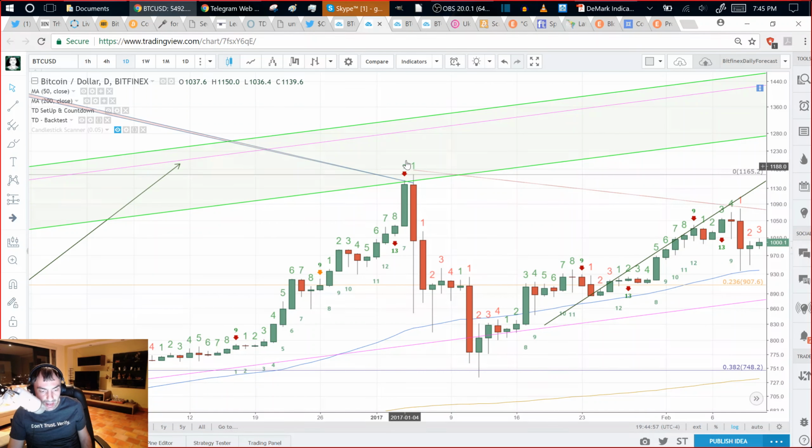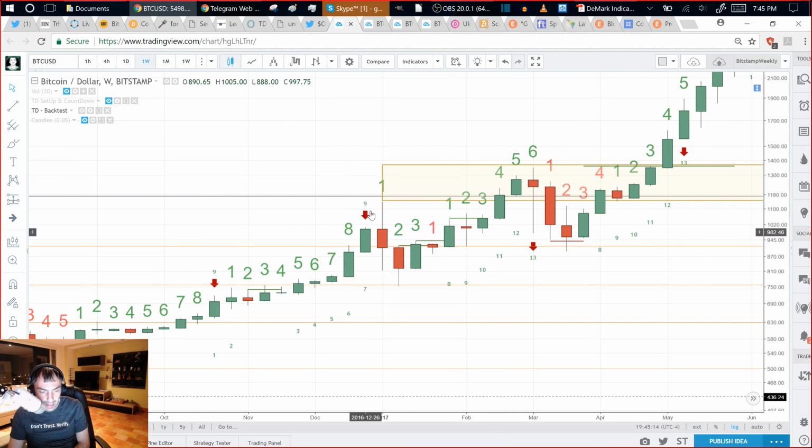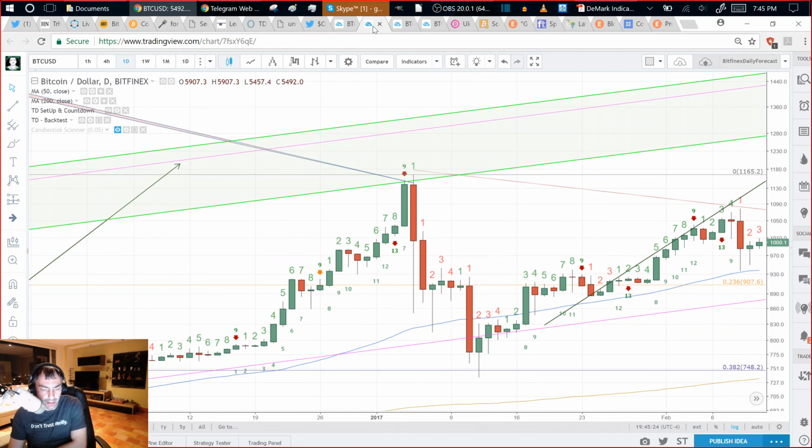But I already had a heads up and I was notified, hey, there is a 9 on this giant blow off top candle that took place on January 4th. That is coinciding with a 9 on a weekly level because this candle started on January 2nd. And this is what I look for in order to properly time my trades.